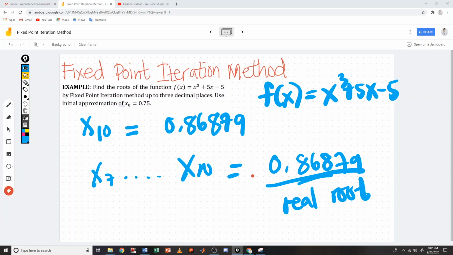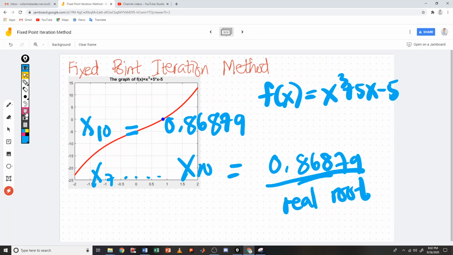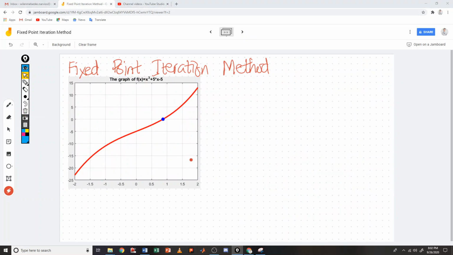Okay, so the function f of x equal to x cubed plus 5x minus 5 can be graphed using MATLAB, which I show in the next slide in Jamboard. The roots of this function can be determined using a graphical approach.